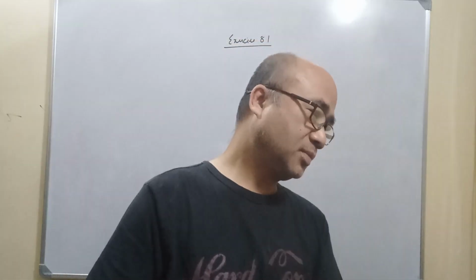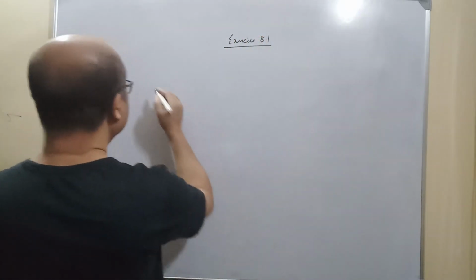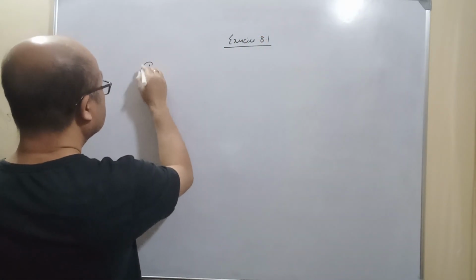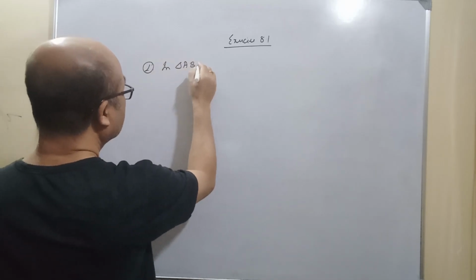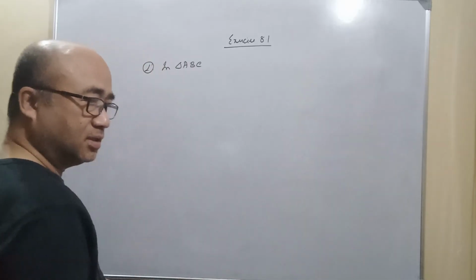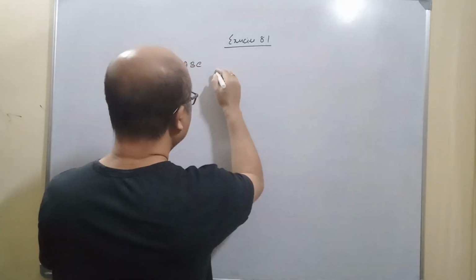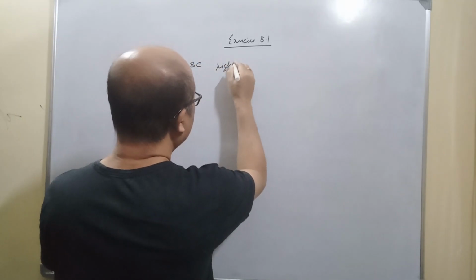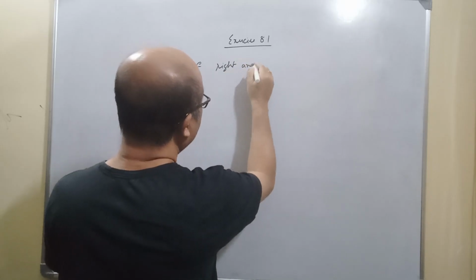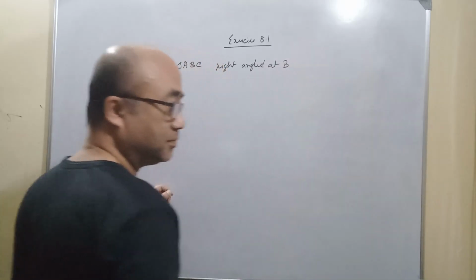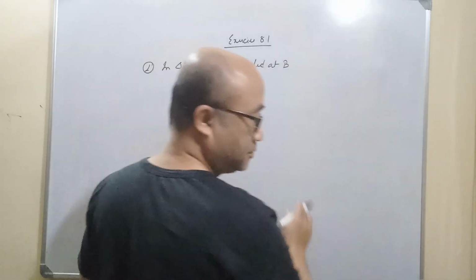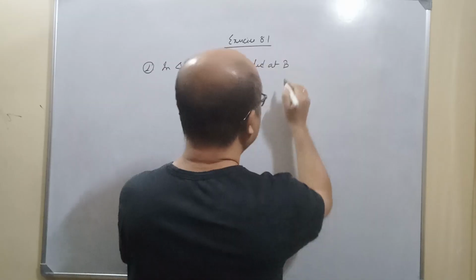So the first question, exercise 8.1, question number 1. Triangle ABC, right angled at B. AB is 24 cm.